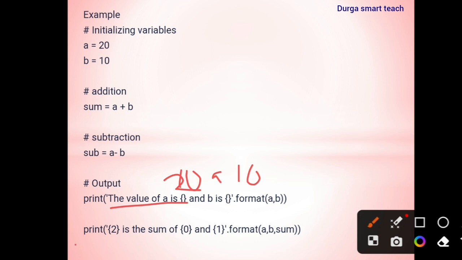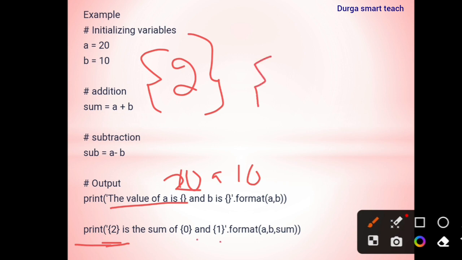Next, print. Here I am using a placeholder, that is 2. 2 is the sum of 0 and 1. Curly braces are placeholders. Here 0 represents the a value, 1 represents the b value and 2 represents the sum value.